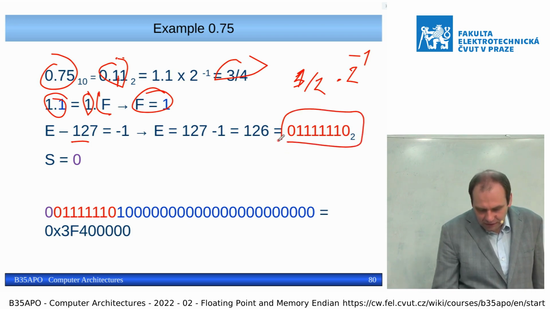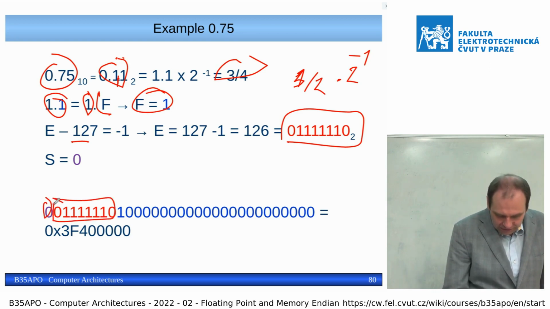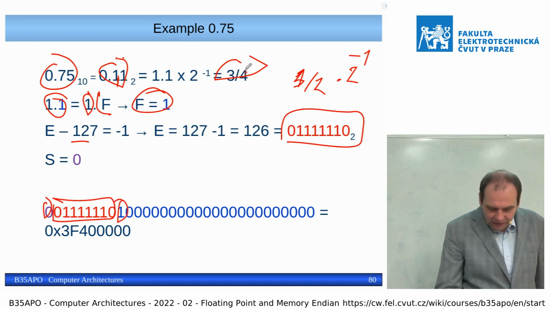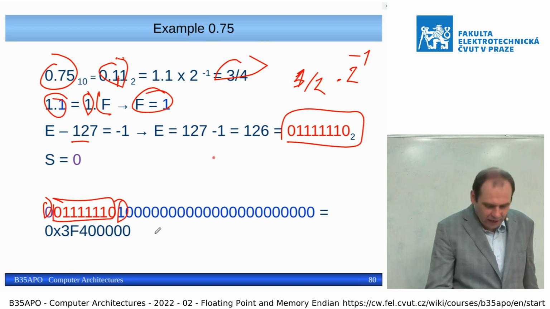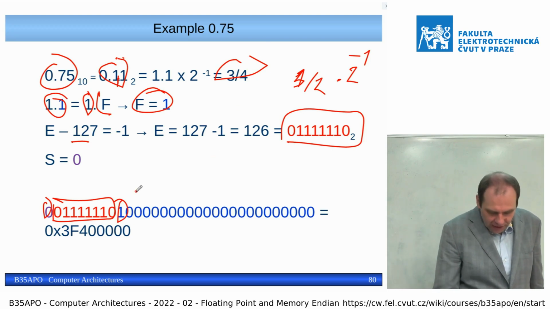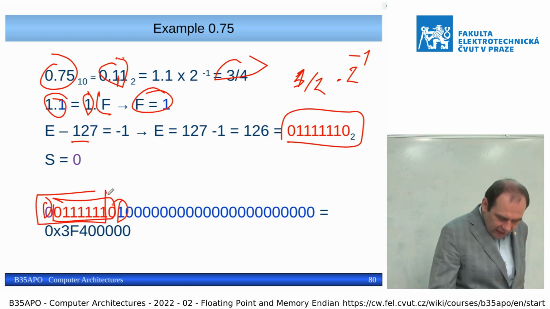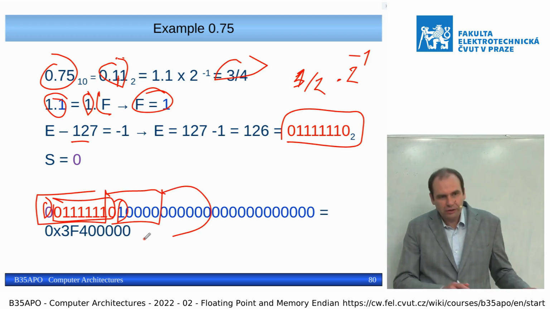So it is 126. So the stored value is positive 126, and then this one which represents that quarter which we need to add there, or it half quarter. And if we write it in the hexadecimal, then we take the group of each 8 values and 8 bits, and for each octet we can write single hexadecimal value.